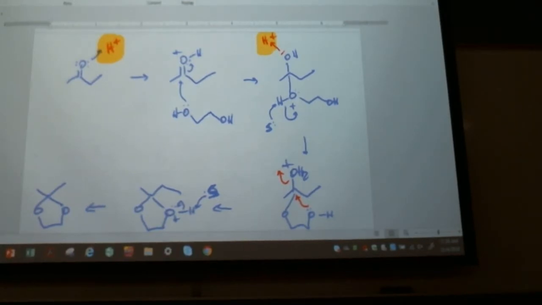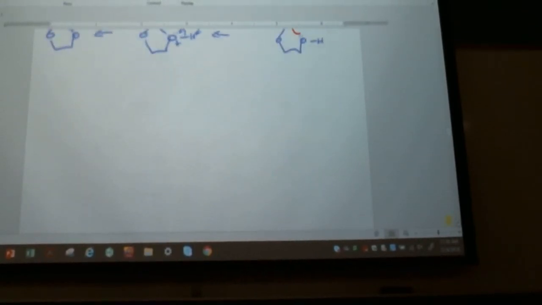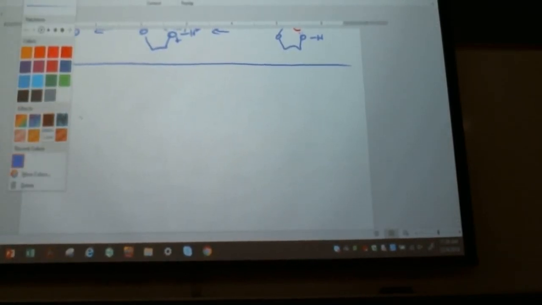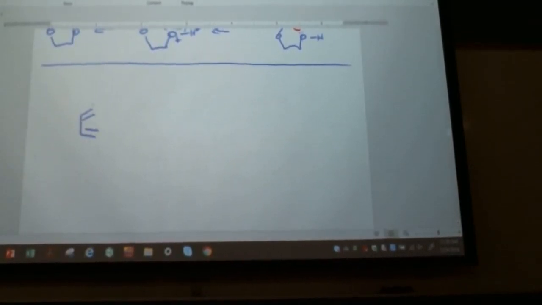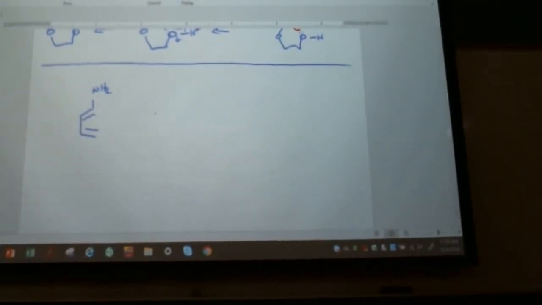Okay, so from that to a Diels-Alder reaction.